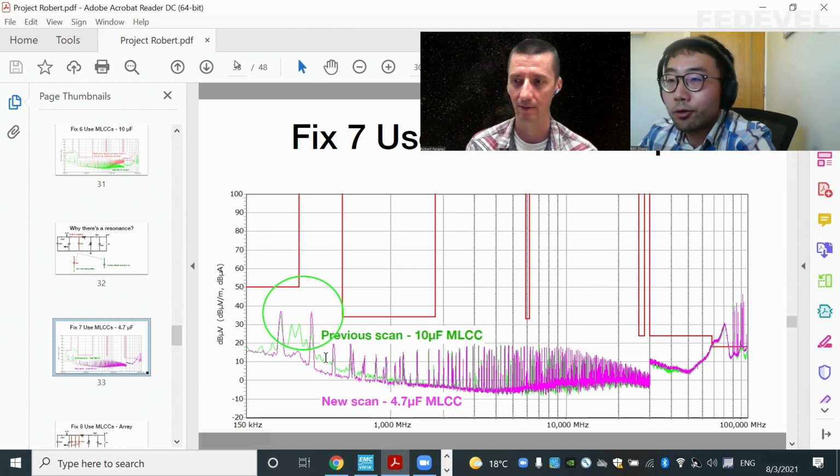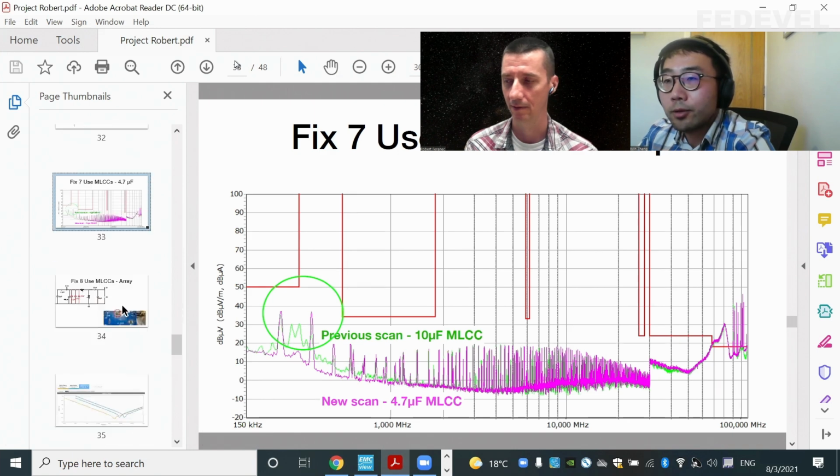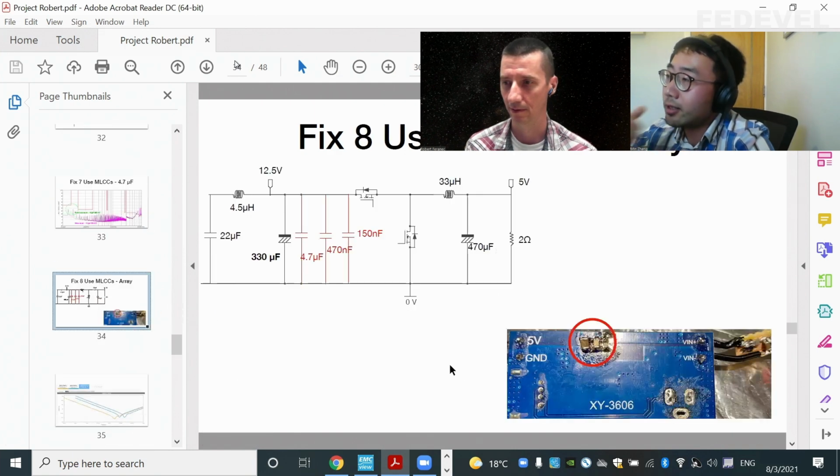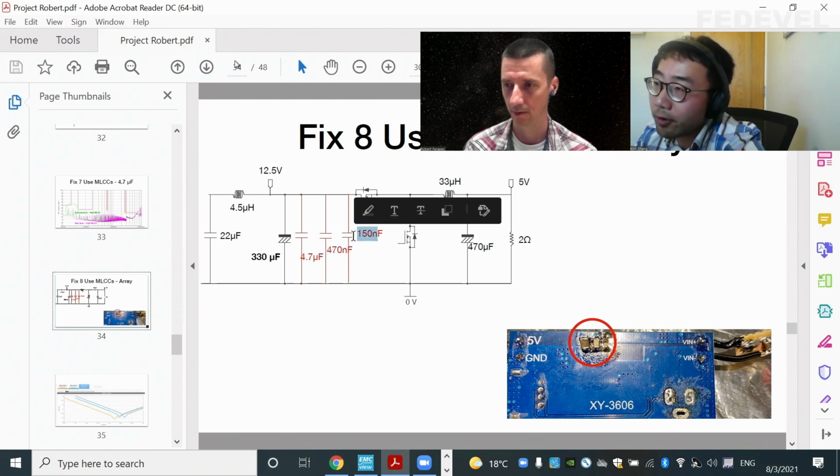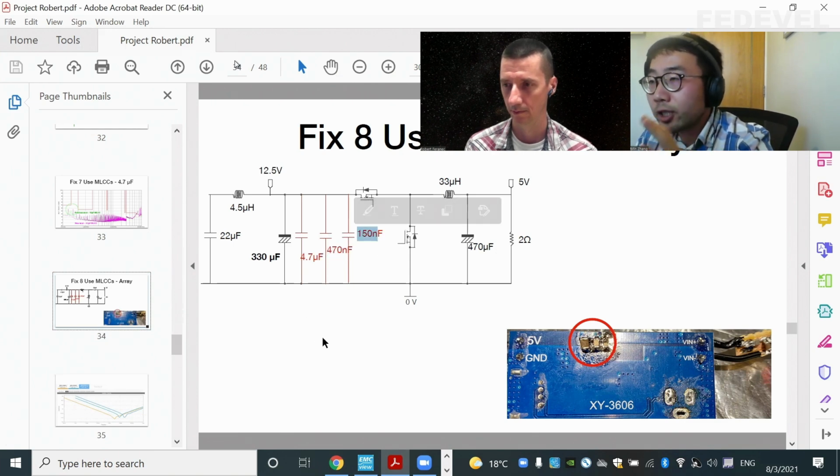Yes. So then the next fix is to put more capacitors, as lots of people often do, because it's a very good technique. It works lots of times, because when you put different values of capacitance, in this case, for instance, I put 4.7 microfarad, 470 nanofarad, and 150 nanofarad, so I have 3 different values.